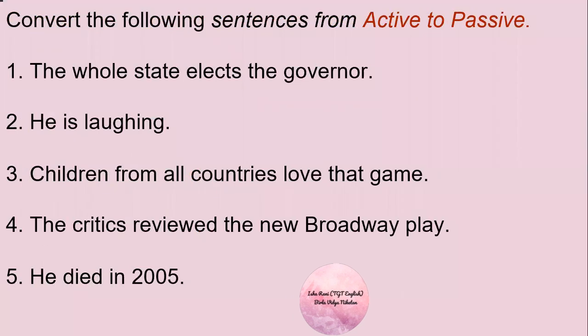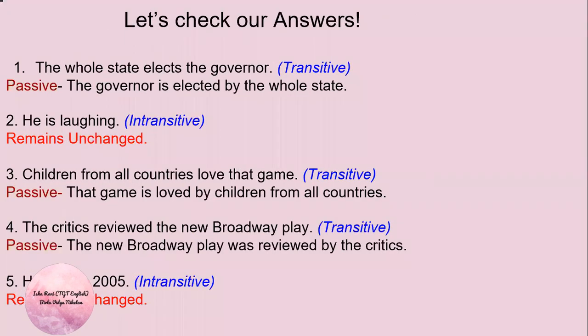All right. So now let's try and convert these sentences from active to passive. Students, please keep all the rules in mind and also see which ones can be changed and which ones can't be. All right. Take your time and convert these sentences. Let's check our answers.